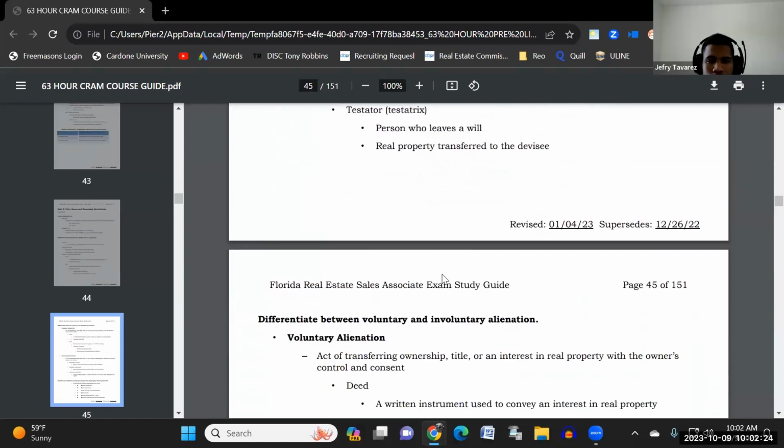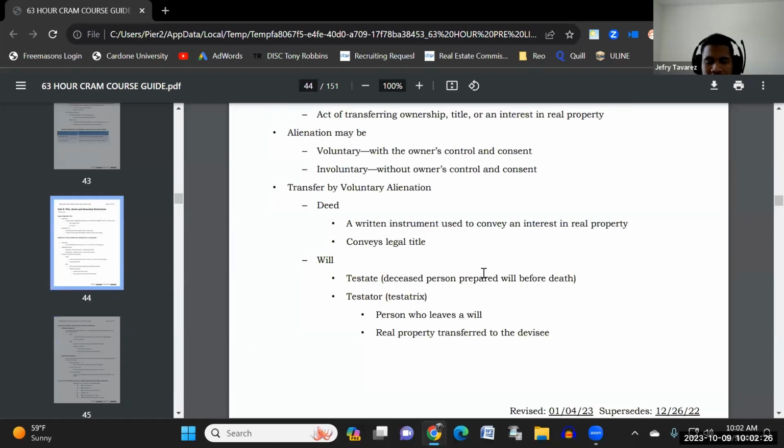Quick question. The word devisee, where does it come from? I don't know where it comes from. If you look at the history of it, you can see where it came from. A devisee is receiving, in a legal term. I would think it probably comes from Latin, a Latin legal term.